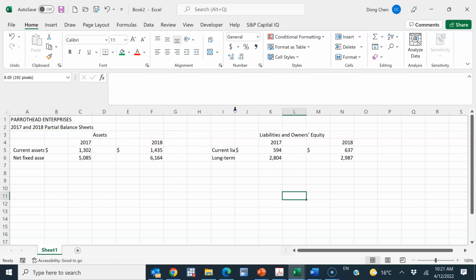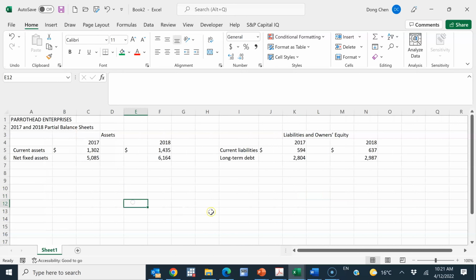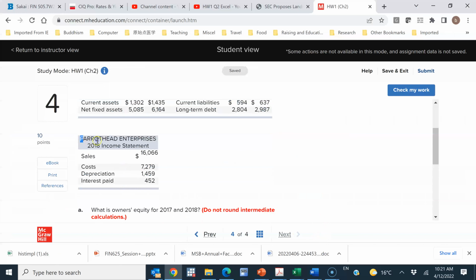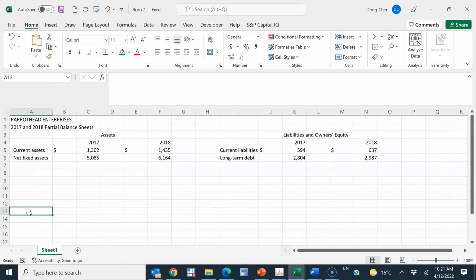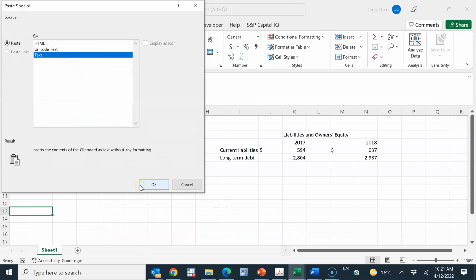So that's basically after we got this, this is my balance sheet. And I also copy this income statement just in case I might use it later somewhere down here. Again, paste special as text.